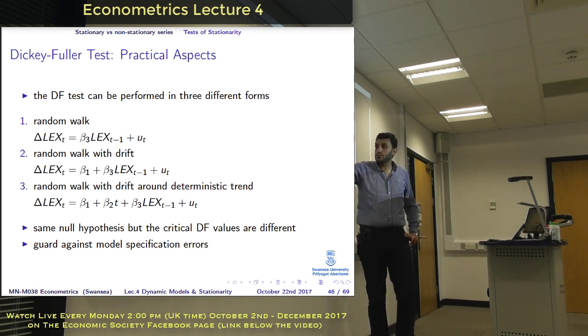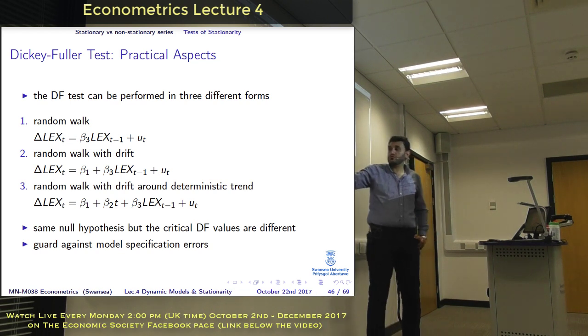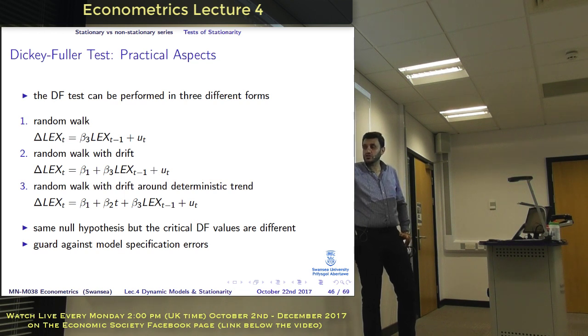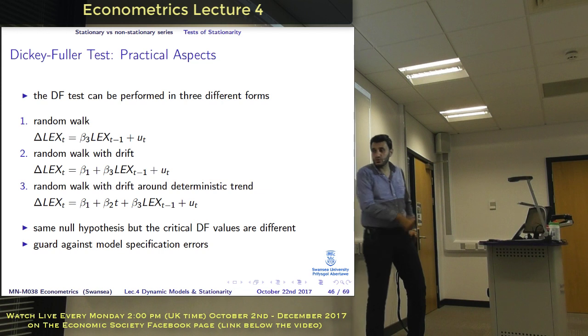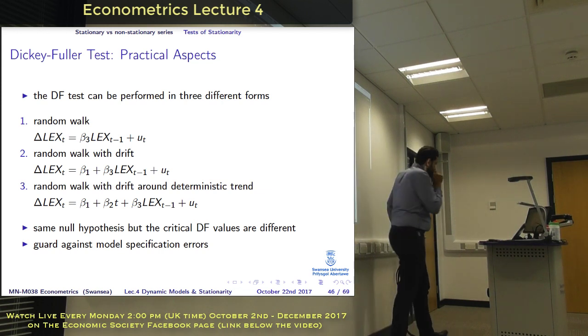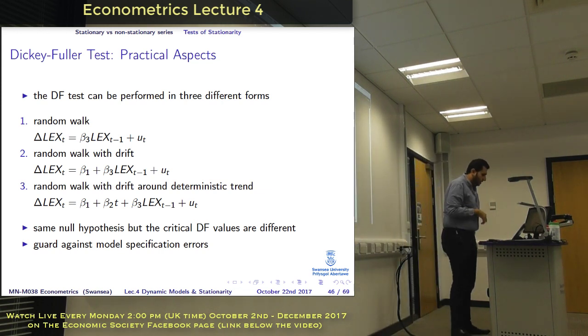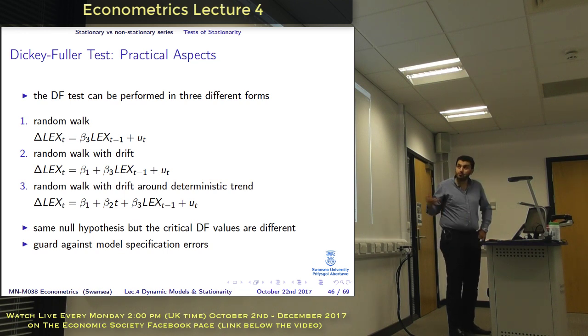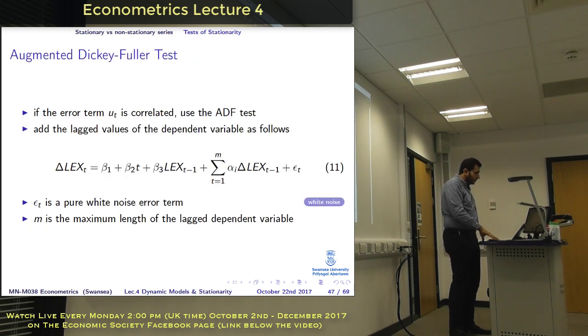And the third one, random walk with drift around a deterministic trend, where you have both. You have the constant beta 1 and also t, the time trend, and they have the same null hypothesis. And again, you need to look at the critical values that are provided by Dickey and Fuller.